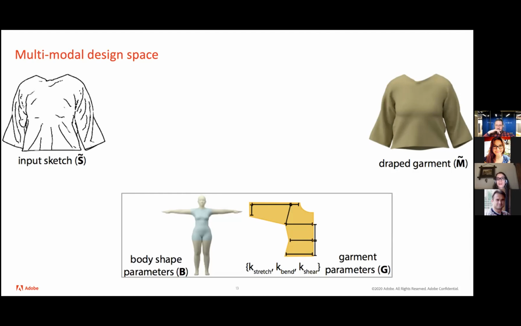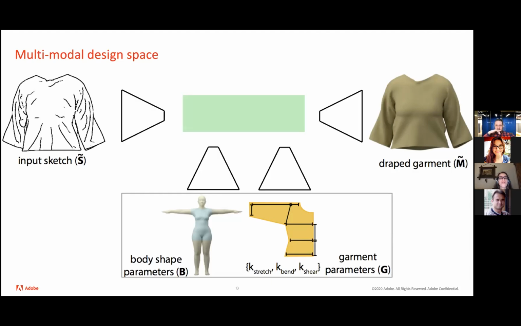So if we want to build an automatic system that can go back and forth between these different design spaces, we need to train machine learning models that can go from one space to the other. So that's what we did. We trained one neural network that takes as input the sketch and then predicts how the garment would look like in 3D. Another network would take the sketch as input and then predict the corresponding garment parameters.